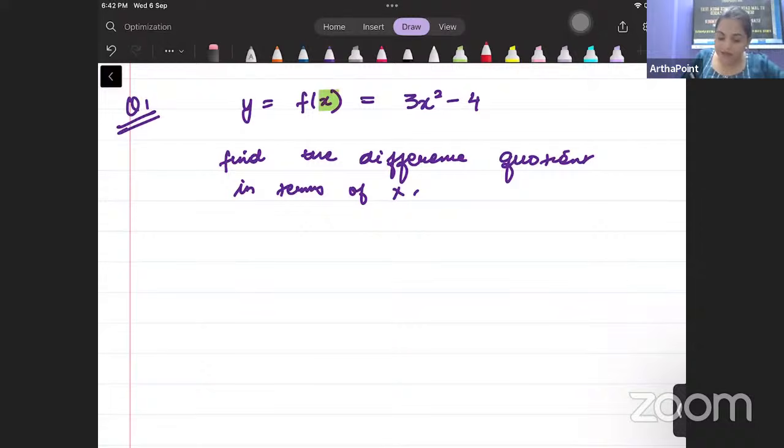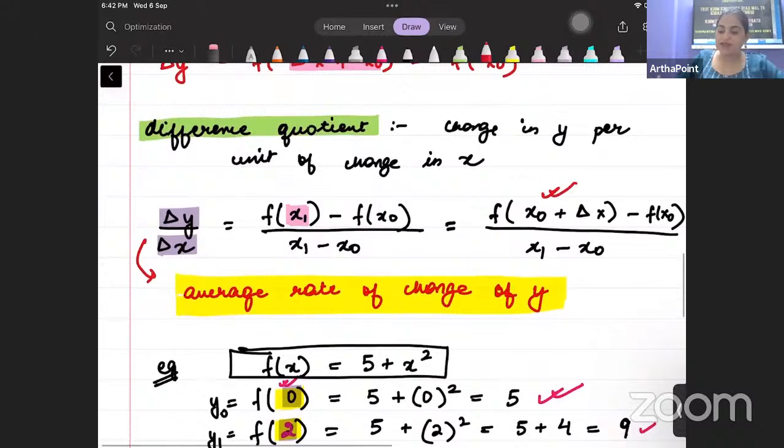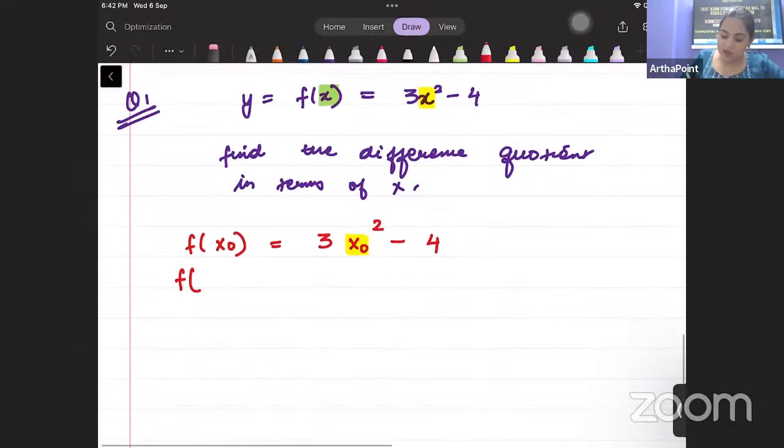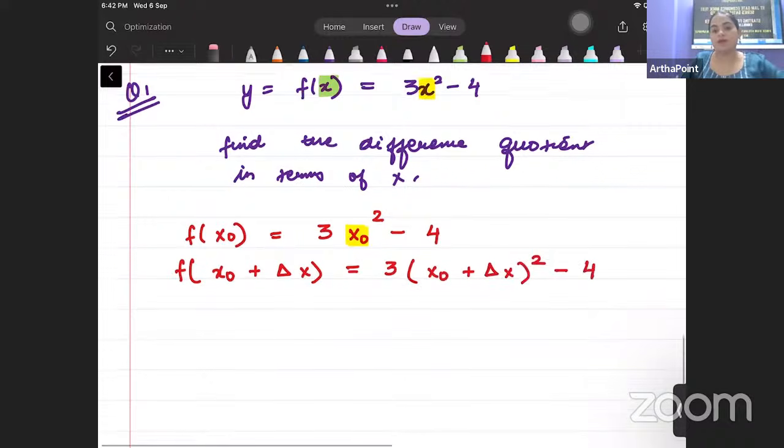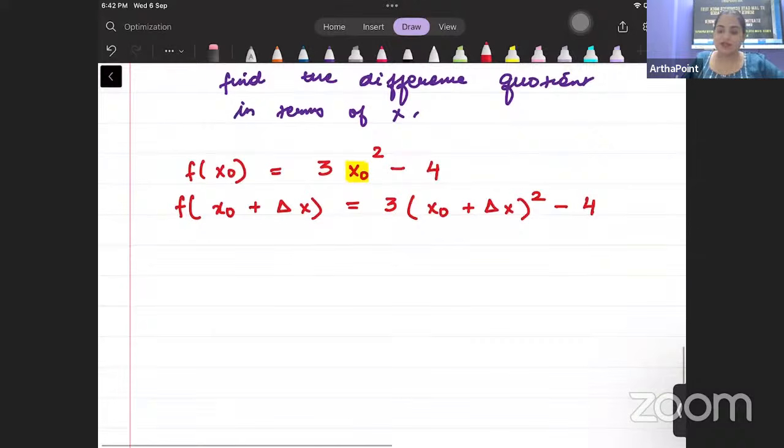So what will I get? When I put the initial value of x, f of x naught, I will get 3x naught whole square minus 4. Instead of x, I have written x naught. Then, beta, instead of x, क्या लिखना है? Instead of x, I have to put x naught plus change in x. So bacha, this will be 3 x naught plus change in x whole square minus 4. Clear हुआ? अच्छा, ये वाला पार्ट देखो जरा बेटा. This is a plus b whole square.